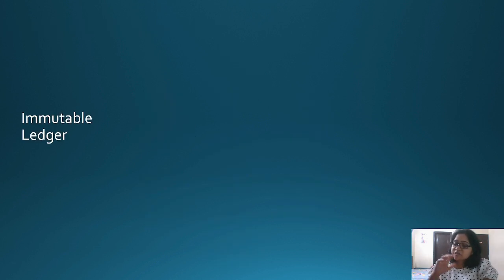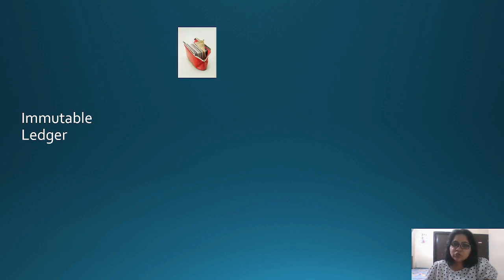Immutable ledger. Just start thinking about why immutability is required. I explained why immutability is required in my previous video, you can go back and check. Now I will tell you how immutability is actually going to affect us, right? Just concentrate here. Think practically, in a way that shows how things are actually going to affect you in your real life.